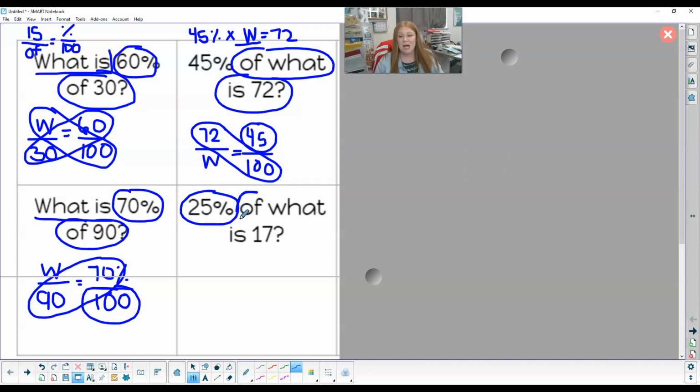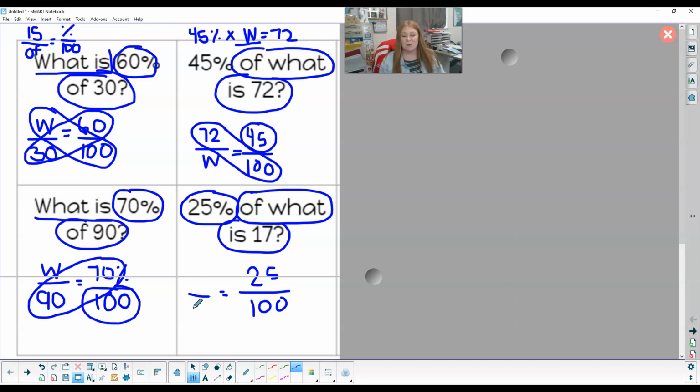Okay, next we have 25% of what is 17. You can see in each one, I'm breaking this up into 3 sections: the is, the of, the percent. Those are the 3 things I'm looking for. So we have 25%, which is 25 over 100. Of what?